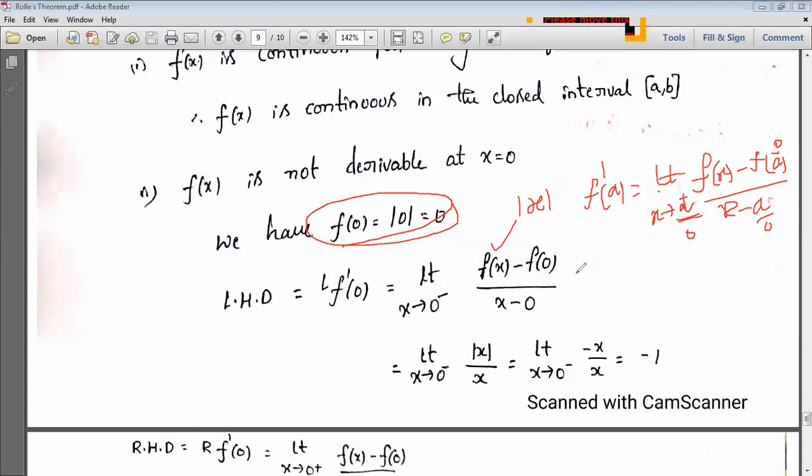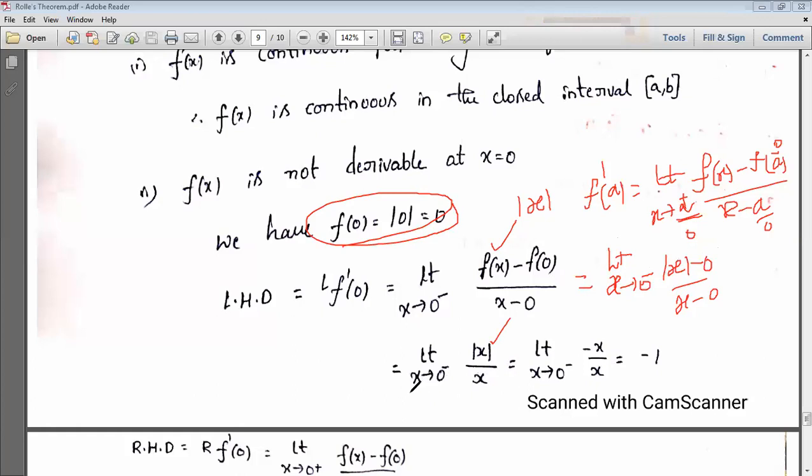So we get limit x tends to 0 minus, mod x minus 0 by x minus 0, and anything minus 0 is the same, so I wrote mod x by x.